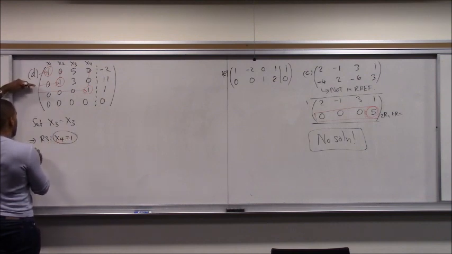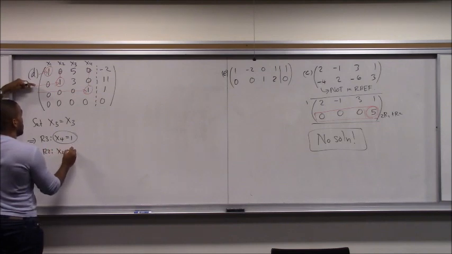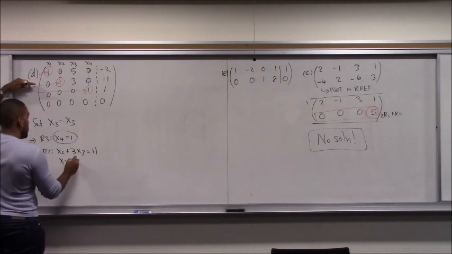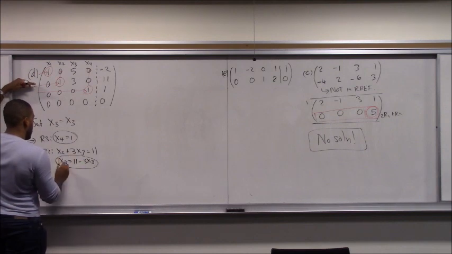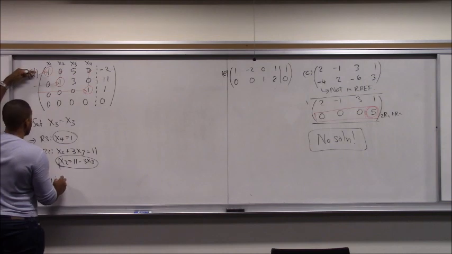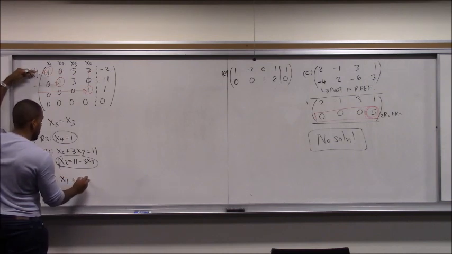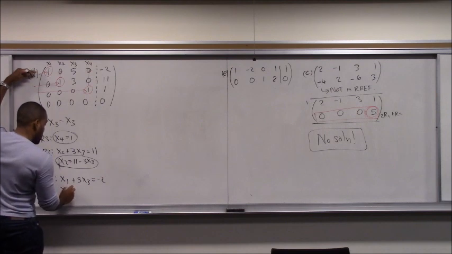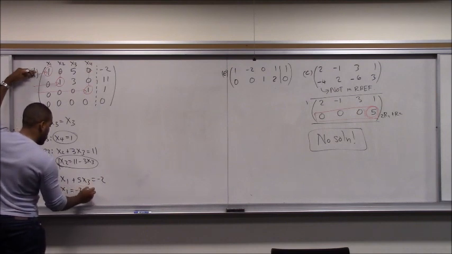Move up to row 2. Row 2 tells me that x2 plus 3x3 is equal to 11. So my x2 is going to be 11 minus 3x3. Move up to row 1. Row 1 tells me x1 plus 5x3 is equal to minus 2. So x1 is equal to minus 2 minus 5x3.